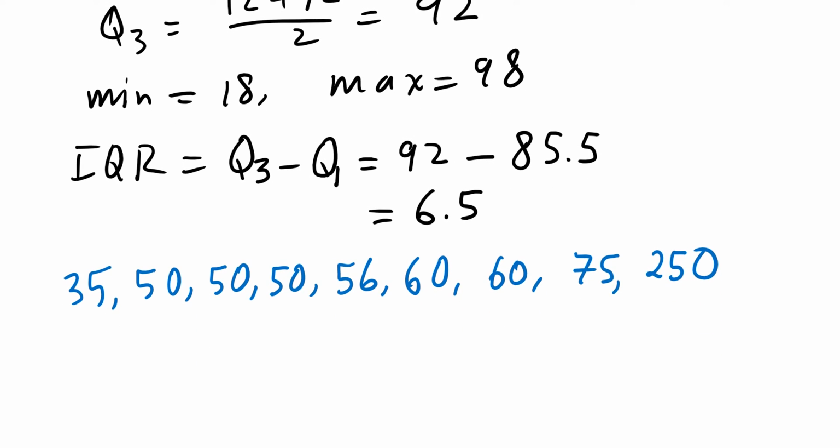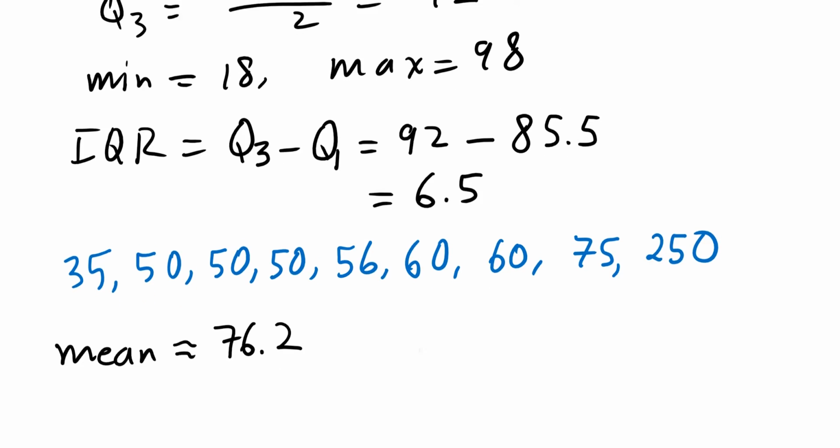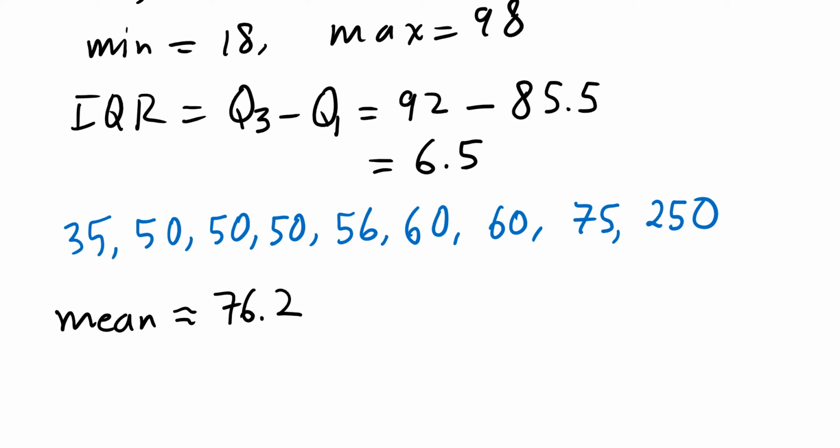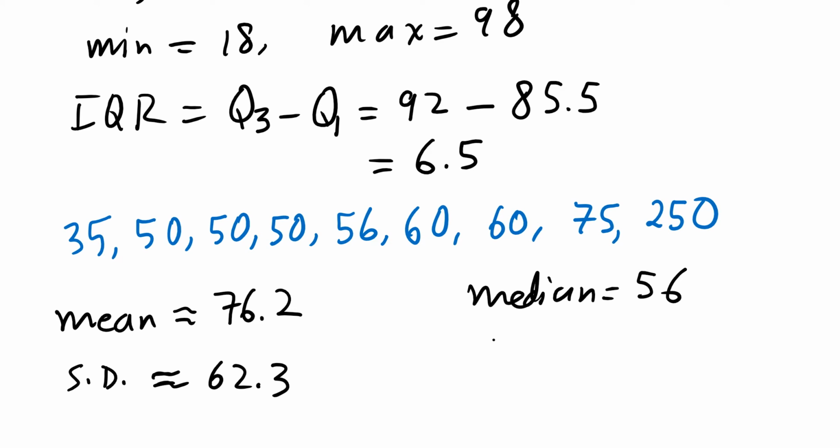If you find the mean, I calculated already and I got 76.2, and I found the standard deviation is about 62.3. Then I found the median of the data is 56, and the IQR I found to be 17.5.